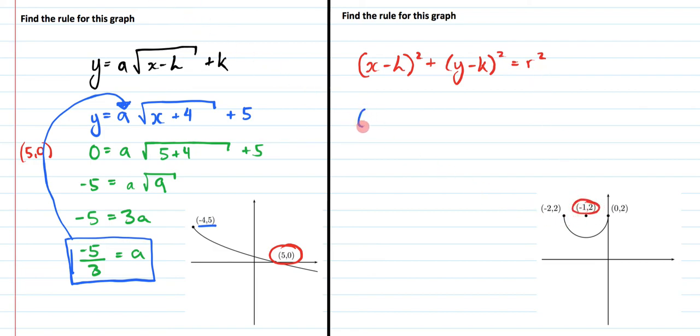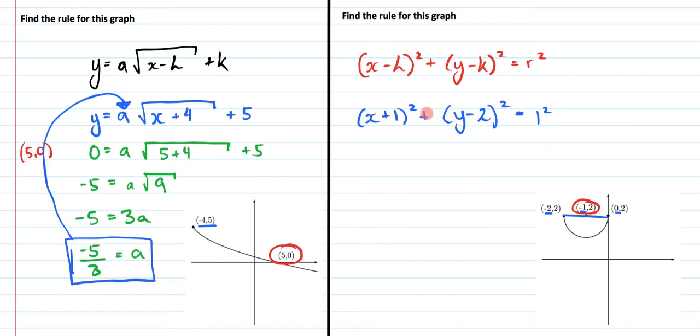So that means it's going to be (x plus 1) squared plus (y minus 2) squared equals, and my radius is simply going to be, in this case, I could just take my x values. I'm going from -2 all the way to -1, and here I'm going from -1 to 0. So it's quite clear that I'm moving 1. So it's going to be 1 squared, which is 1.